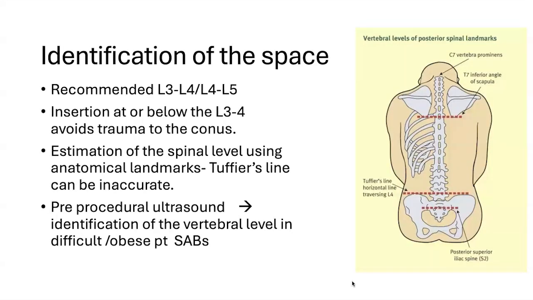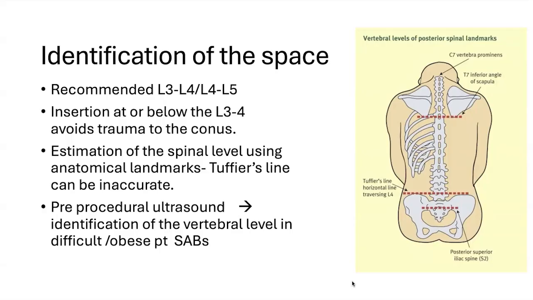So identification of the space, how do we do it? We palpate the posterior superior iliac spine, and we draw the Tuffier's line, and that is how we get the landmark at L4. We palpate and get the spaces L3, L4, or L4, L5 for our spinal anesthetic, which avoids trauma to the conus.